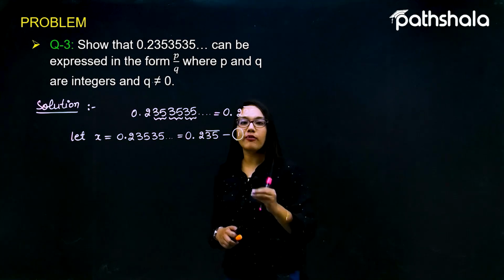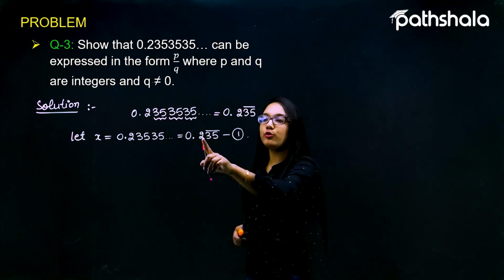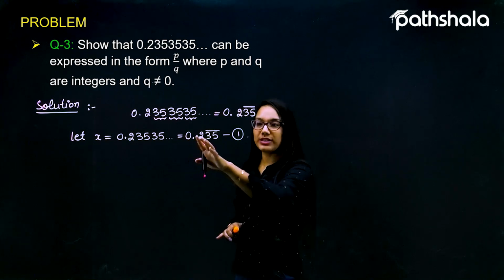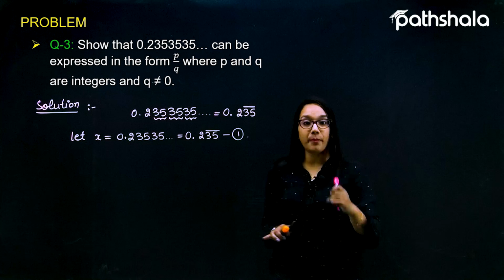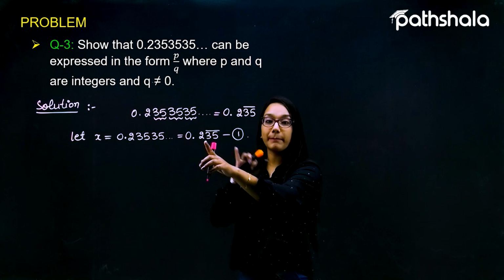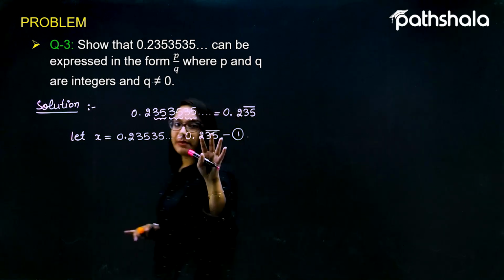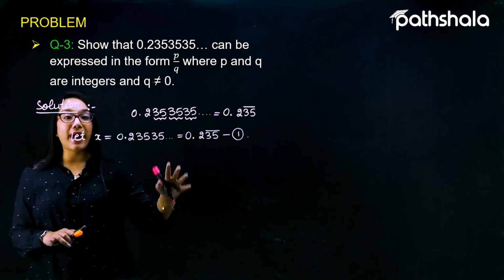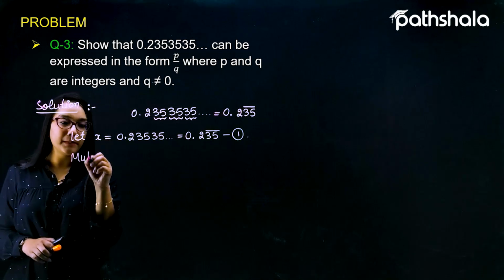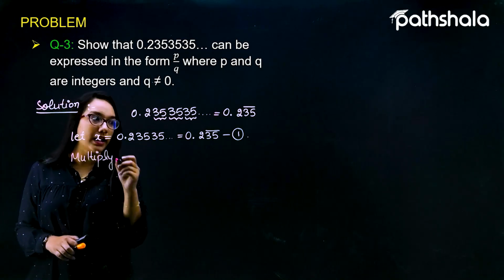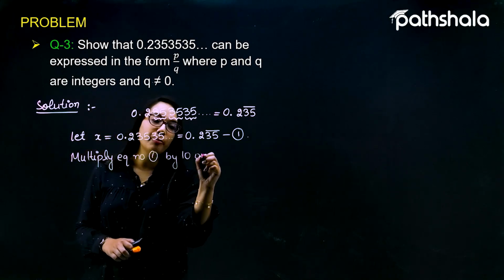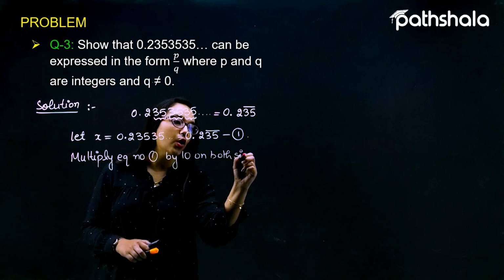So the main motive now is that we have to move this number 2, which is not repeating at all, to the other side. So we will multiply equation number 1 by 10 on both sides, in order to take 2 to the other side.